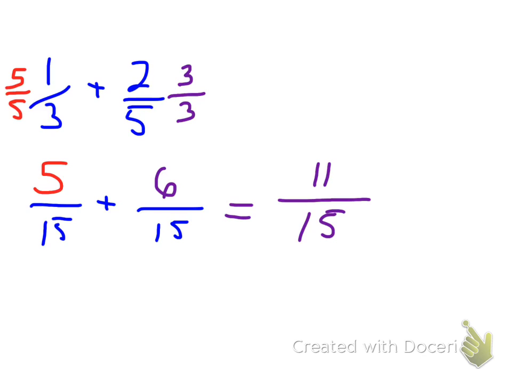If I'm doing subtraction, it's done the same way. So let's say I take the numbers 3/7 minus 1/4. My common denominator is going to be 28.